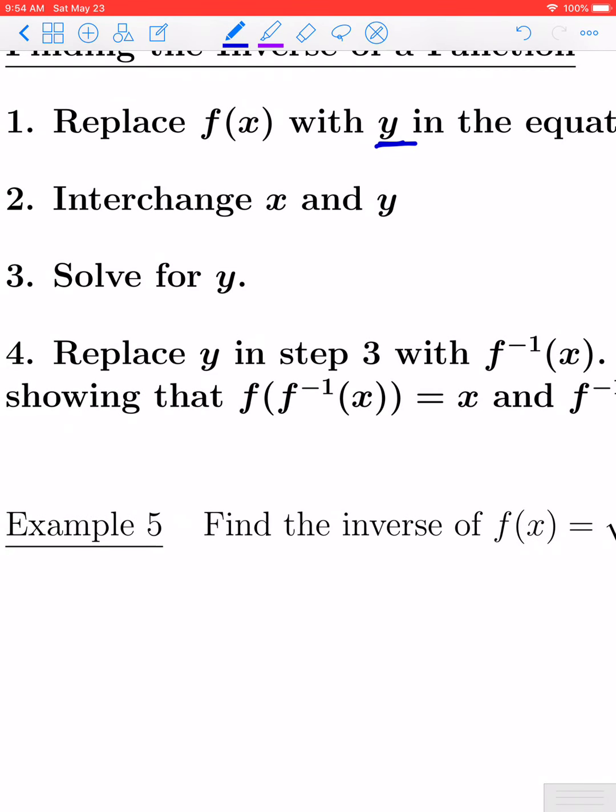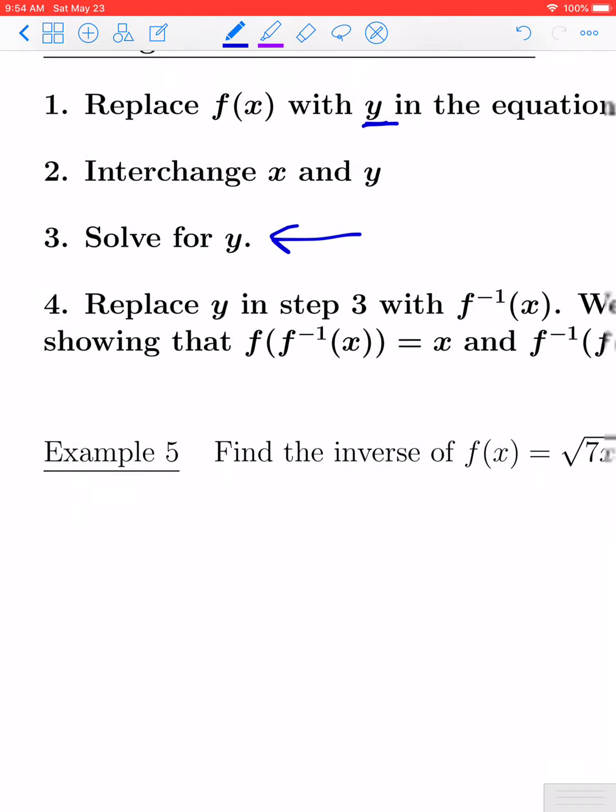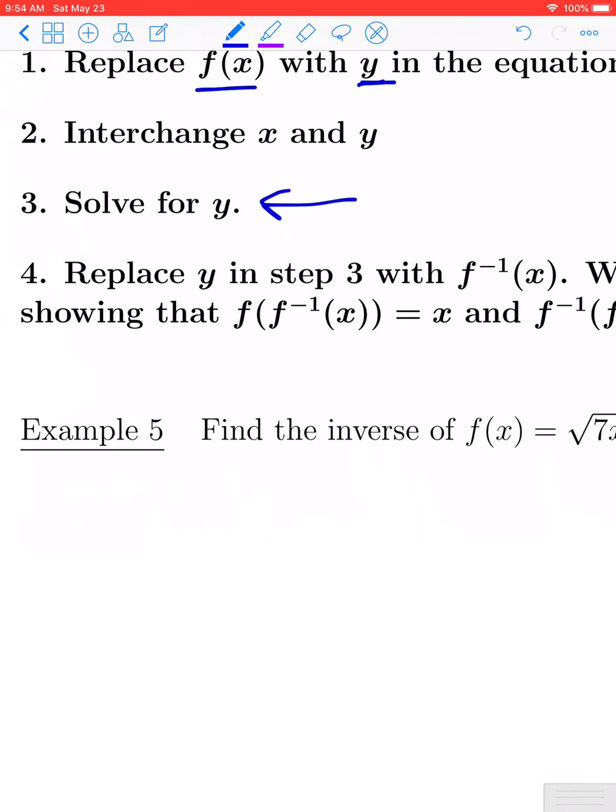We go through our equation, and everywhere you see an x, replace it with y, and everywhere you see a y, replace it with x. From there, we solve this new rewritten equation for the variable y. This y, once it's solved by itself, is not the same as the original function's y, which was f of x. This will now represent the inverse function, f inverse of x.